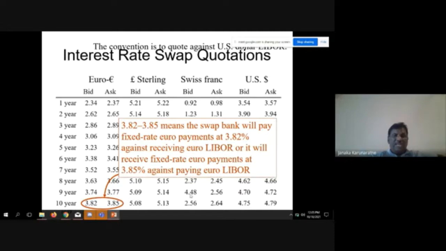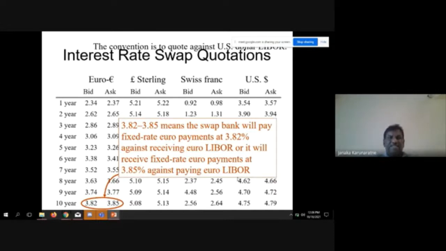So depending on the rates and the different currencies, this is when it comes to borrowings in different currencies.